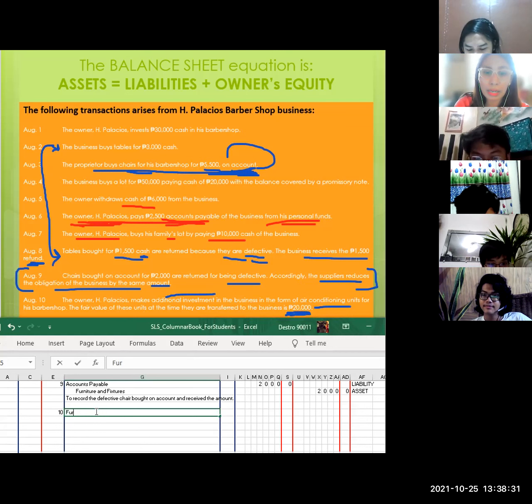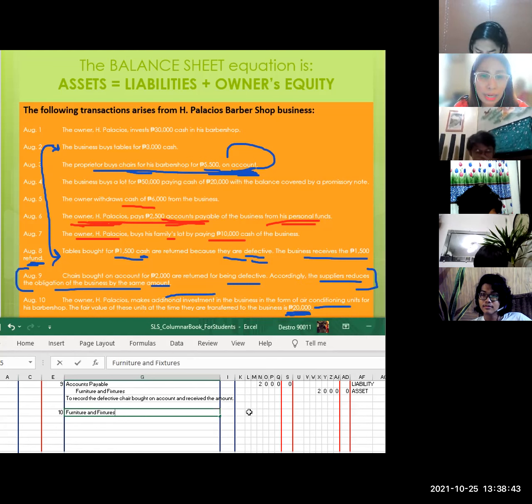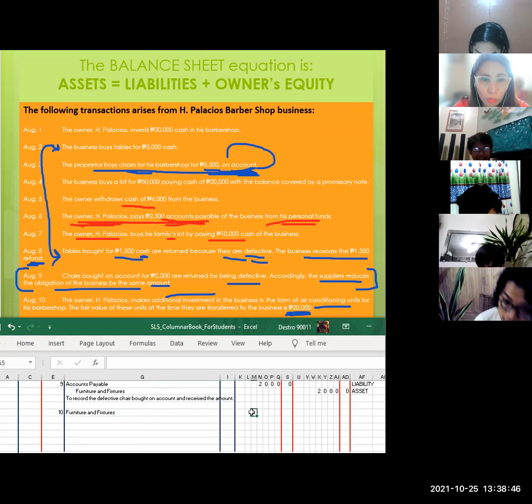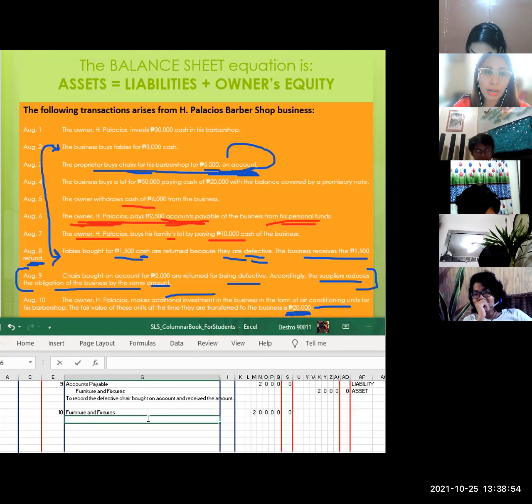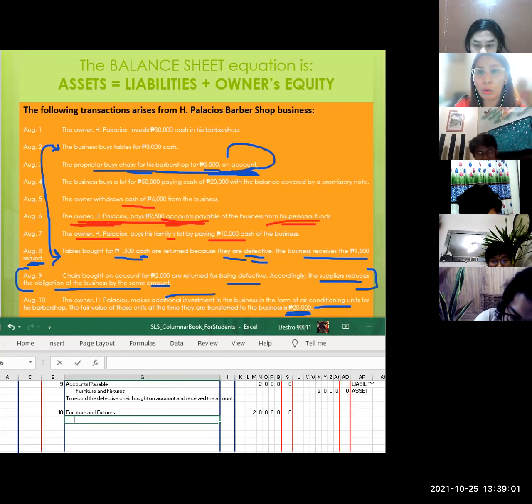So let's encode furniture and fixtures as the additional investment of the owner in the business amounting to 20,000 pesos. And then the credit: of course, when the owner invests in the business, it is capital investment.